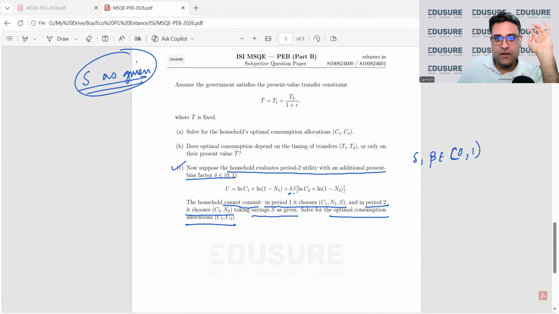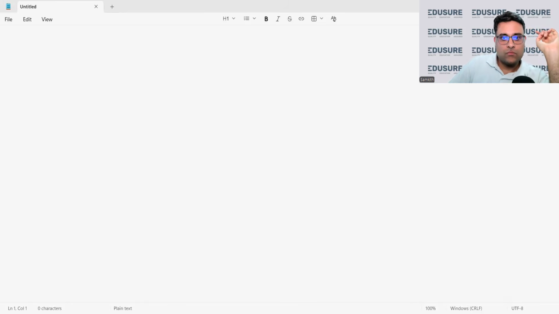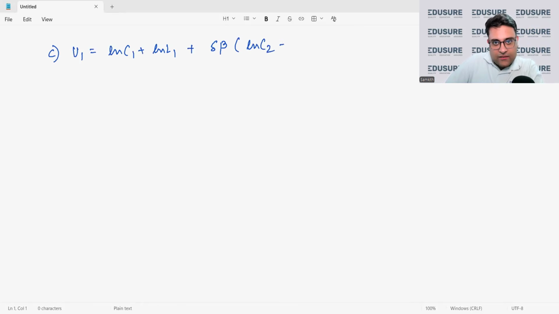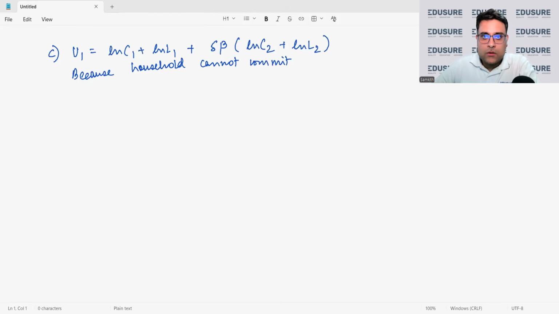So now what will we do in this situation? So part C. U1 is basically ln C1 plus ln L1 plus delta into beta, ln C2 plus ln L2. Because the household cannot commit, this is because it's given in the problem, I will choose self 1 in period 1 and self 2 in period 2.